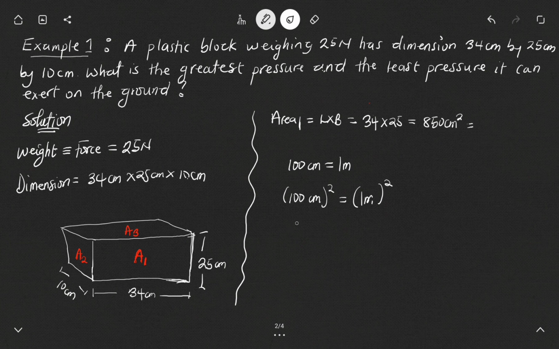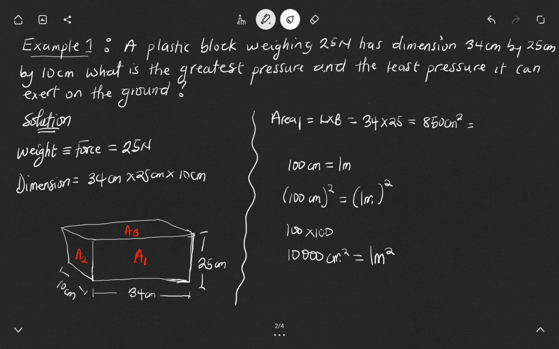So this will give us 100 times 100, which is equal to 10,000 centimeters squared is equal to 1 meter squared.